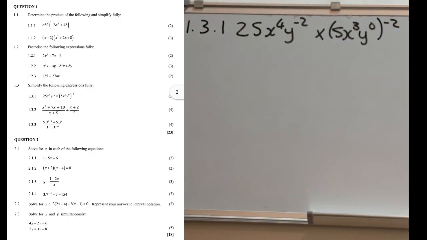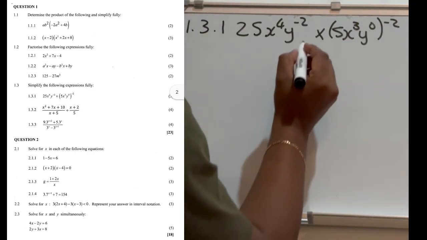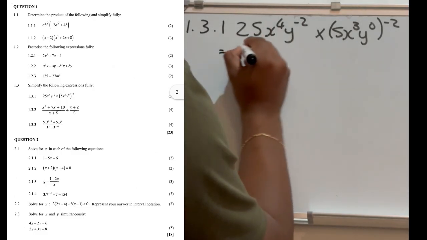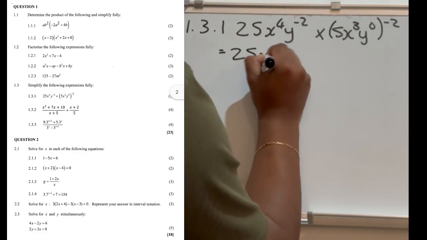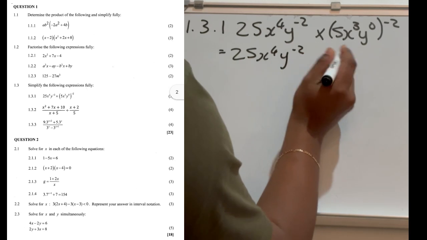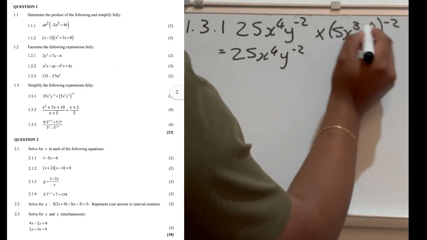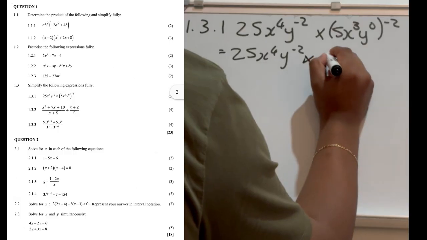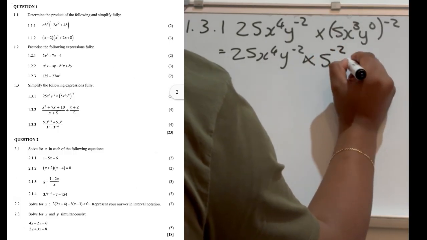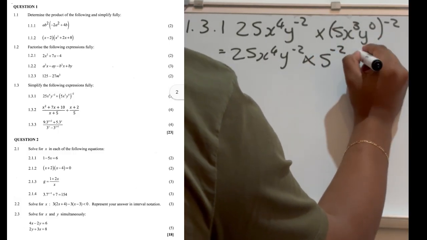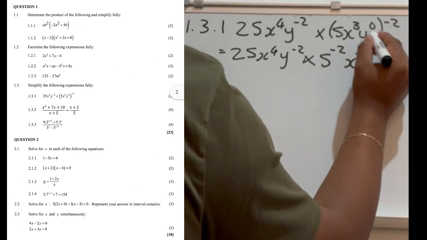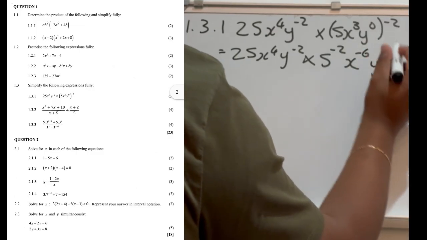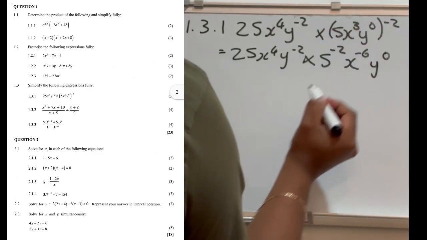Okay, first thing we do here, we're not going to do anything with this. We're going to say it's 25 x to the power 4 y to the power minus 2. What we know about the exponents, we can just say that is 5 to the power minus 2, x to the power minus 6 and y to the power 0, because you multiply the exponents with one another.